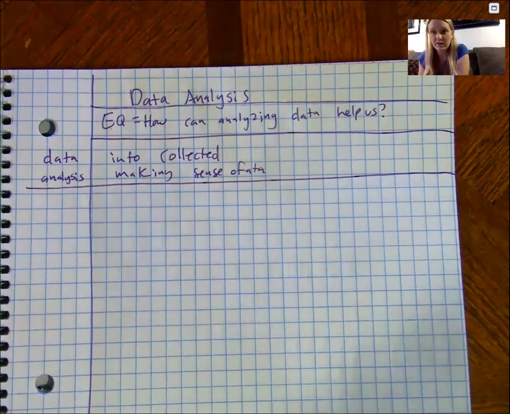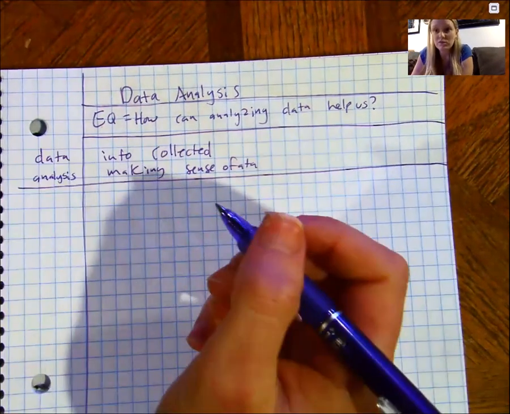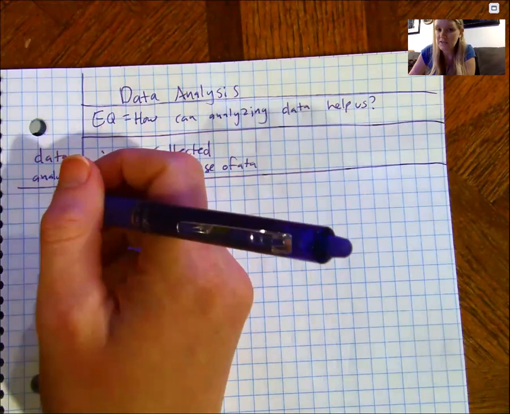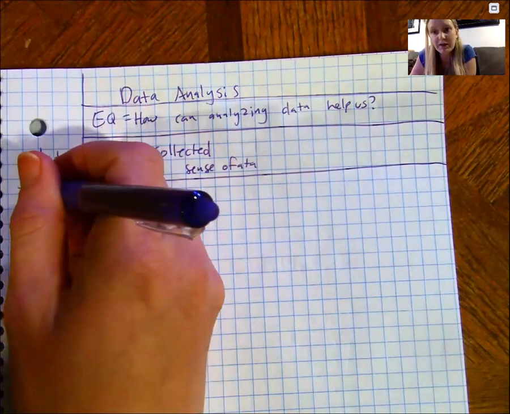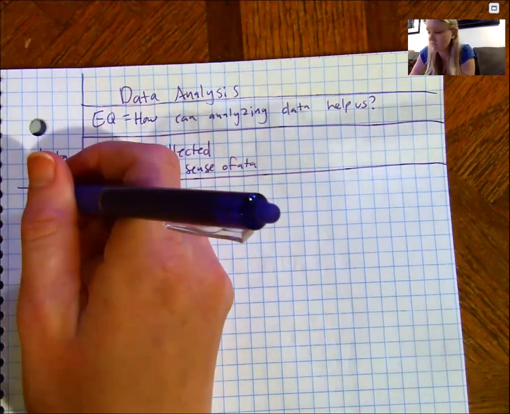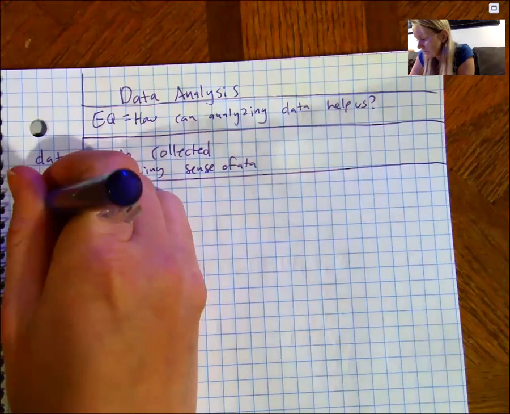So one way to analyze data that's used a lot in the real world and really a lot in science is called an average, but in math we like to make things sound fancy, so we call it the mean.